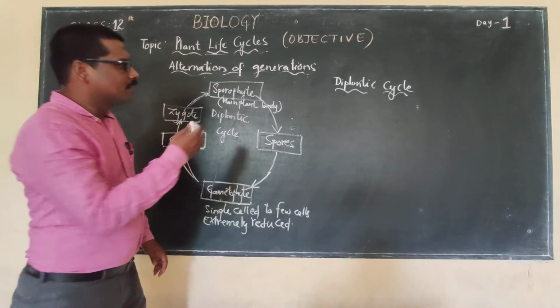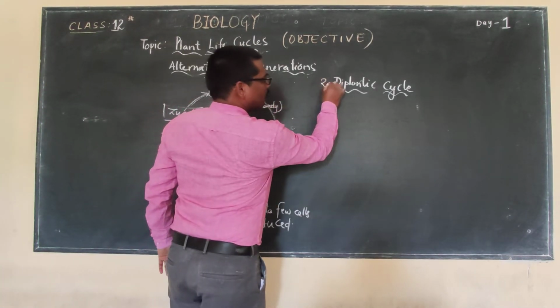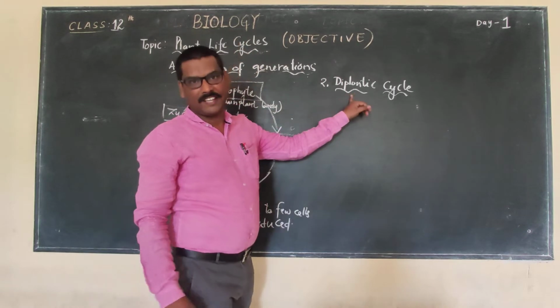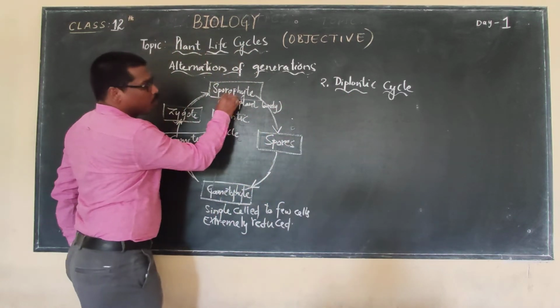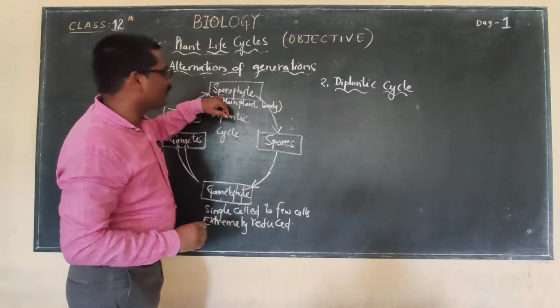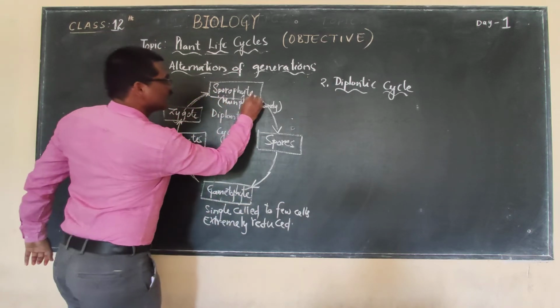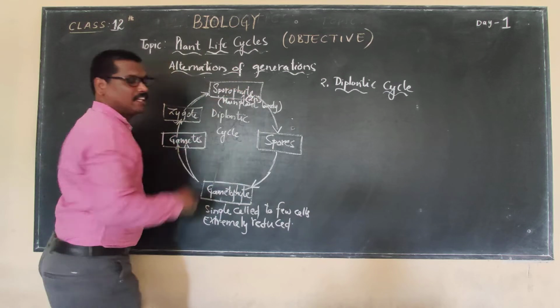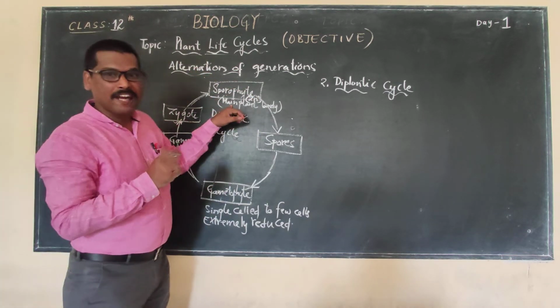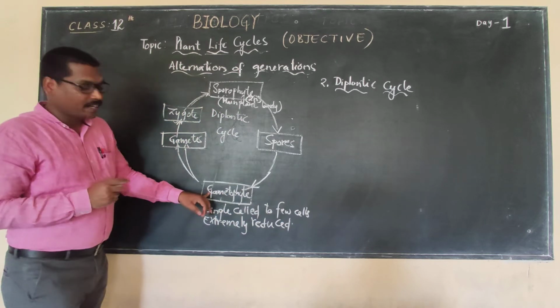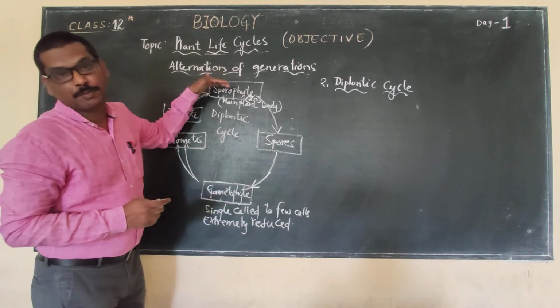Now the second one which we are going to see is the diplontic cycle. The diplontic cycle is characterized by the sporophyte, which is diploid. Here the sporophyte is the main plant body, whereas the gametophyte depends upon the sporophyte.